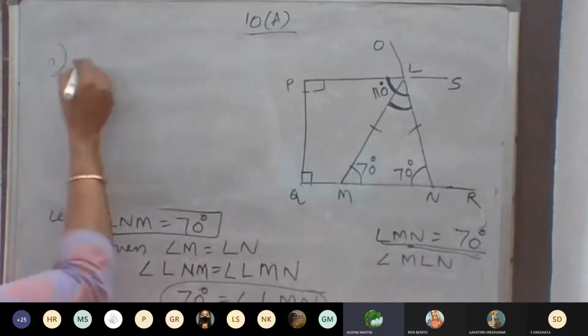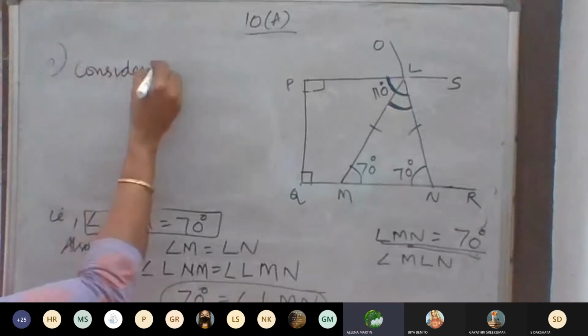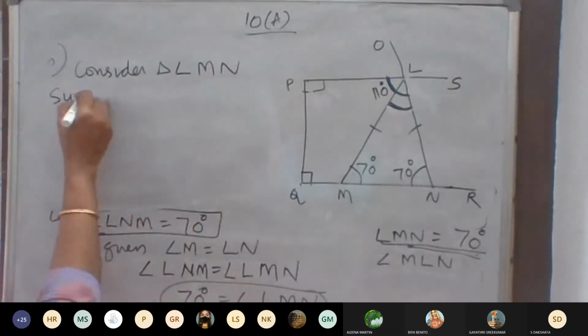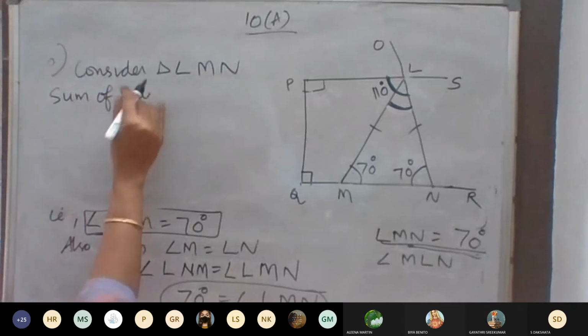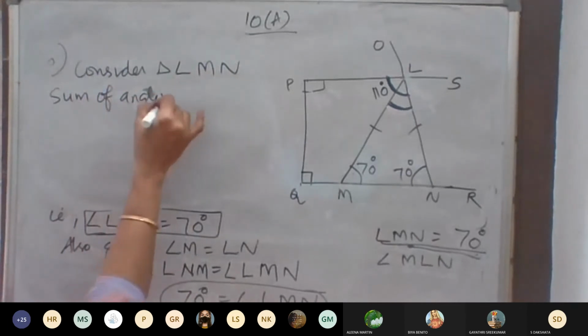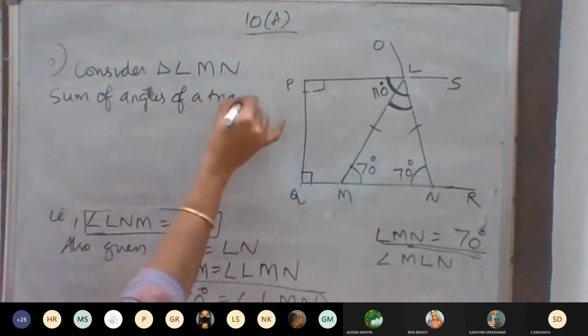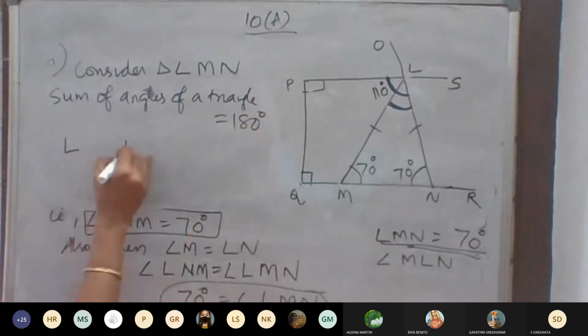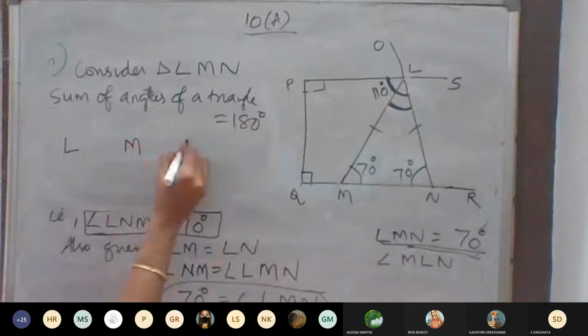Okay, consider triangle LMN. Sum of angles of a triangle is equal to 180 degree.